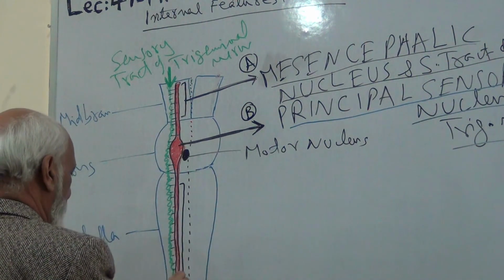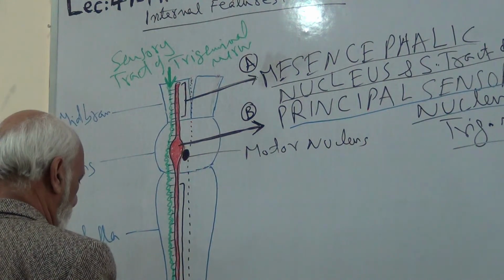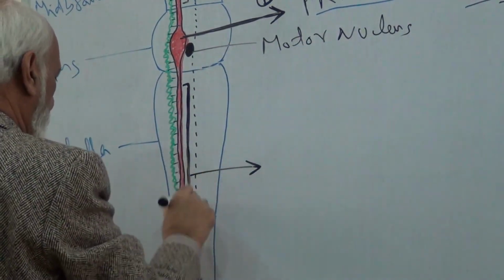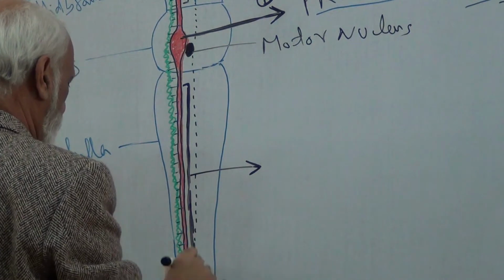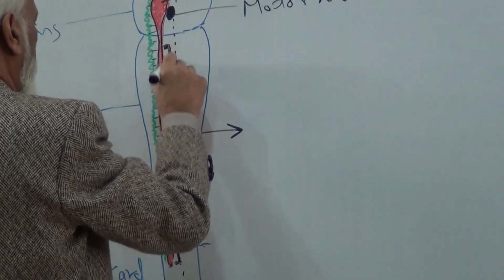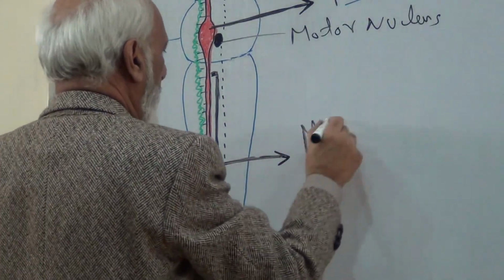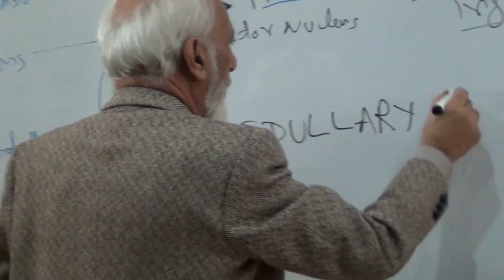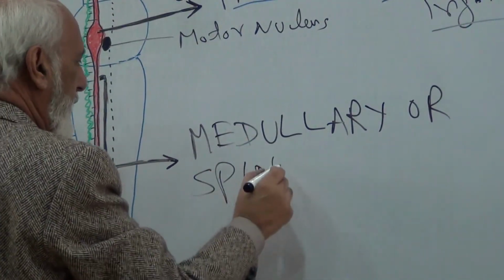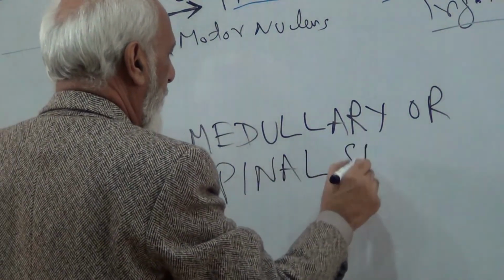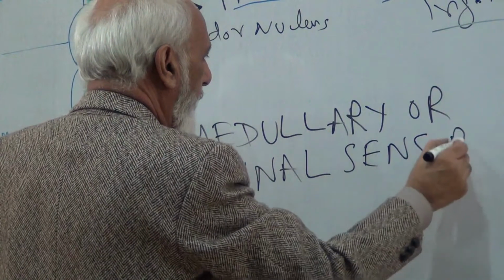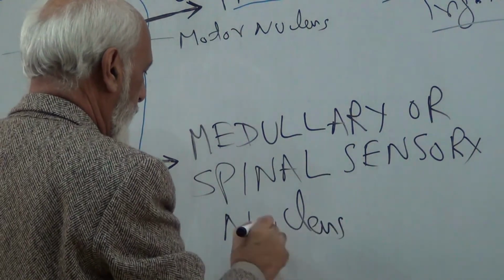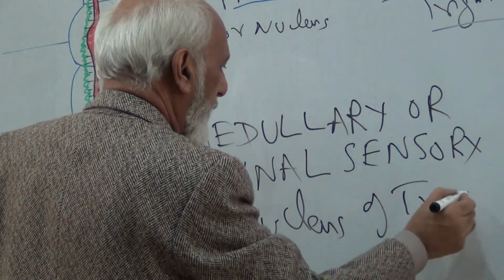This part, the one which is in the medulla and the upper portion of the spinal cord, is known as the medullary or spinal sensory nucleus of trigeminal nerve.